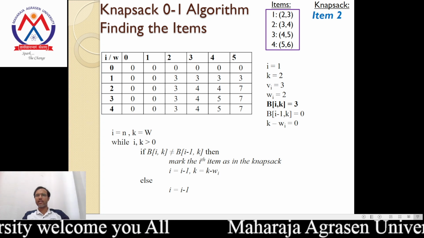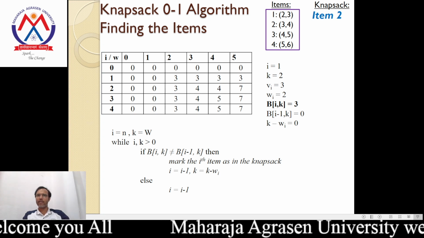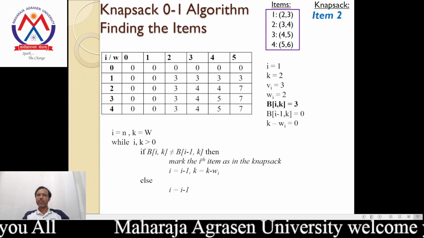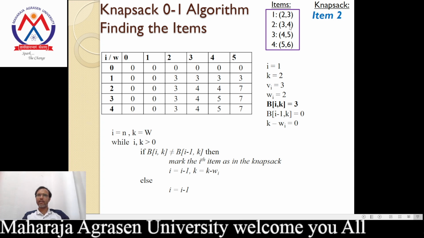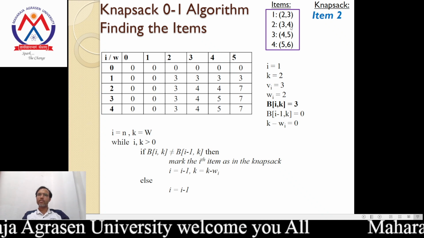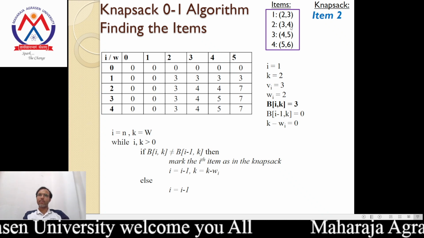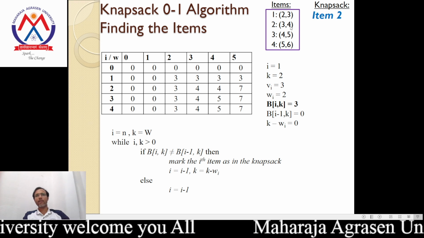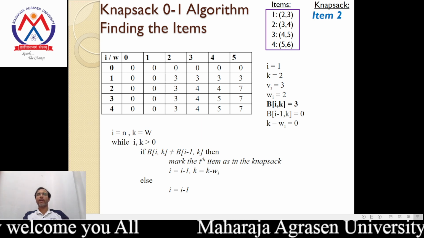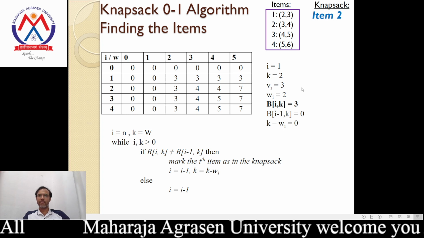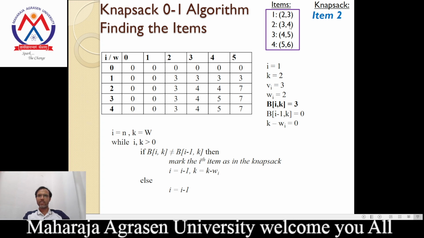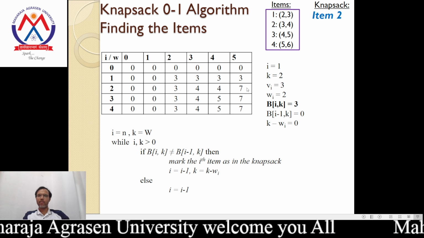We have selected the items with profit value 7, and the item we selected is the second item, whose profit value is 4. So the profit from the second item is 4, and the remaining profit will come from a different item. That's why we subtract: 7 minus 4 is 3.